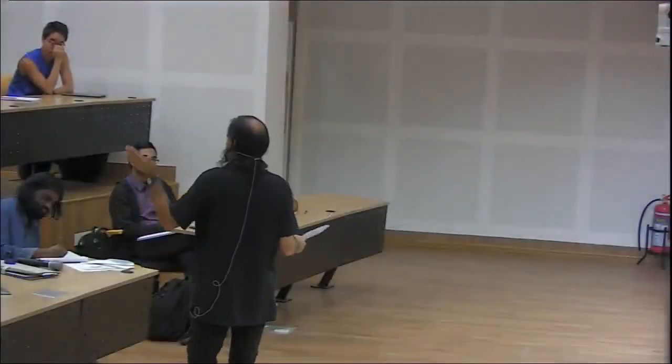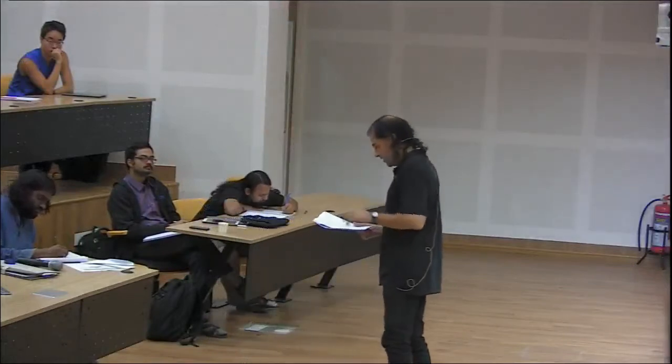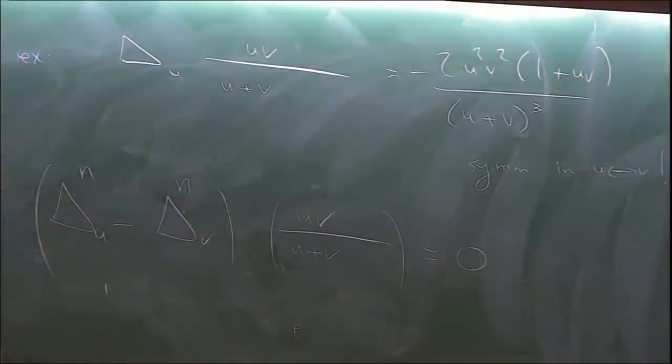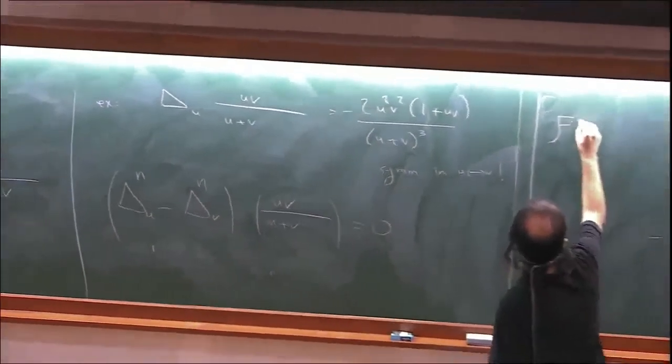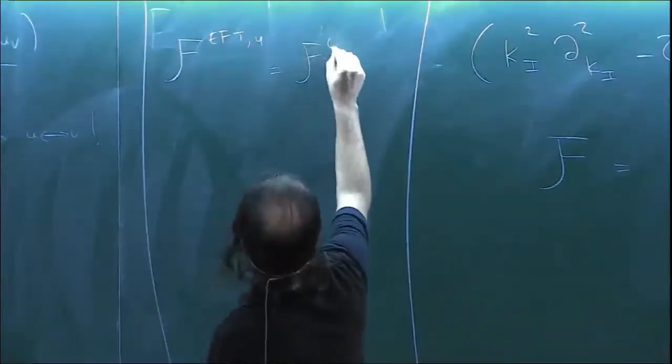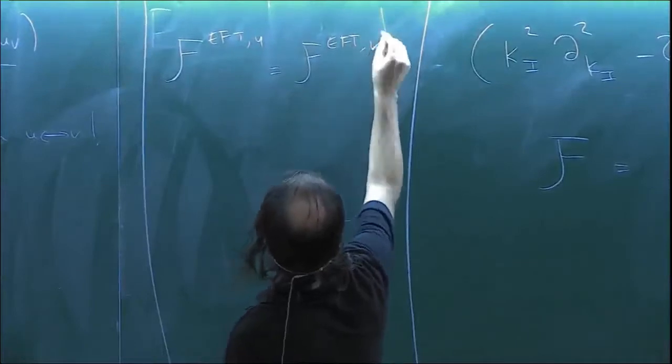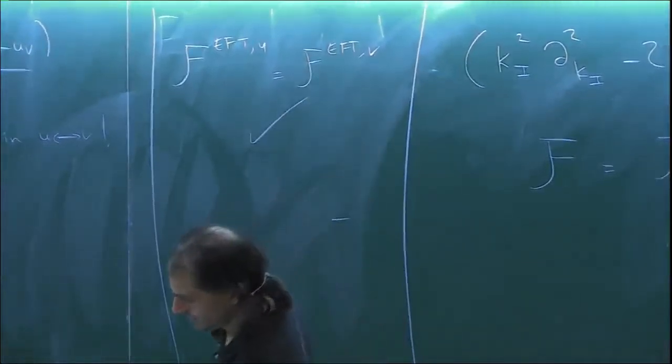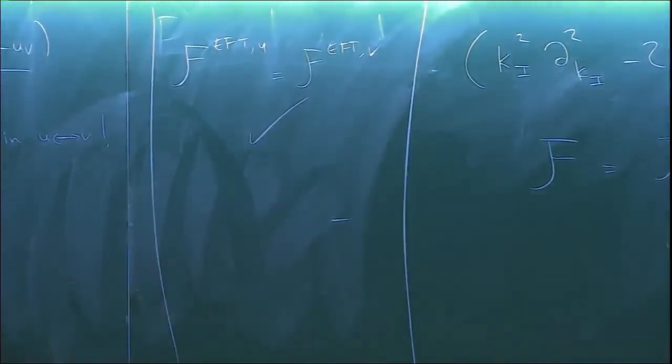Despite the fact that we have two different histories, we are computing exactly the same object. So we've computed F in the effective field theory approximation in U equal to F in the effective field theory approximation in V. The two histories are consistent.